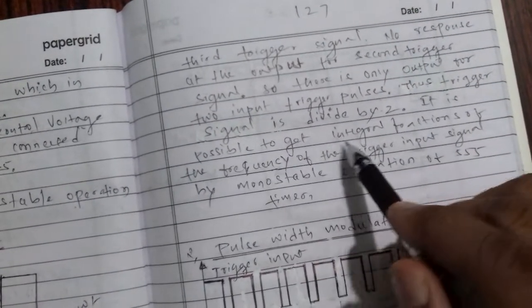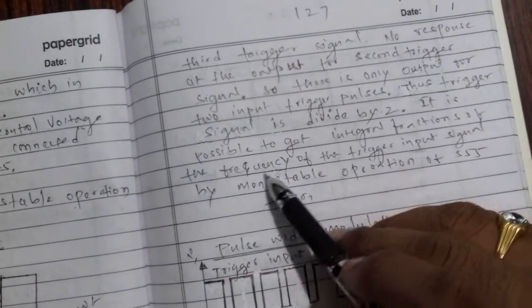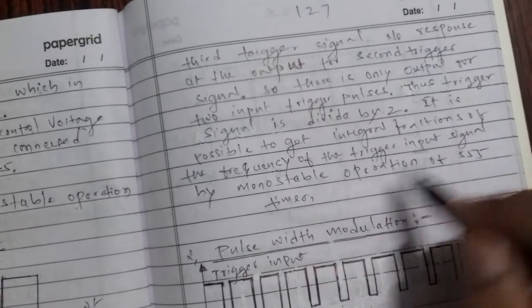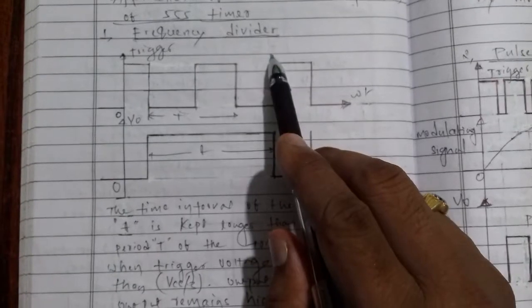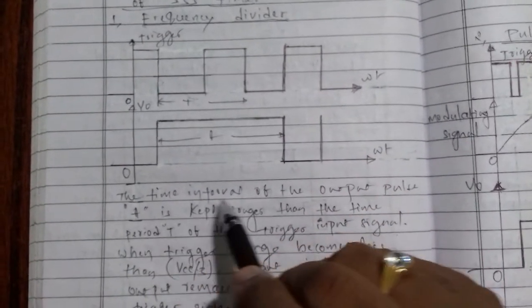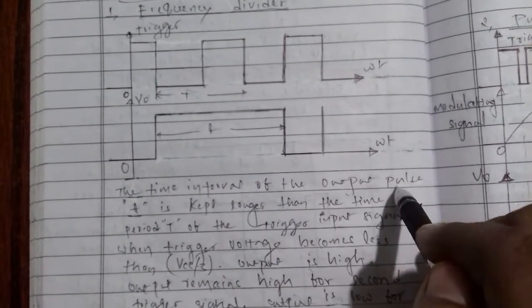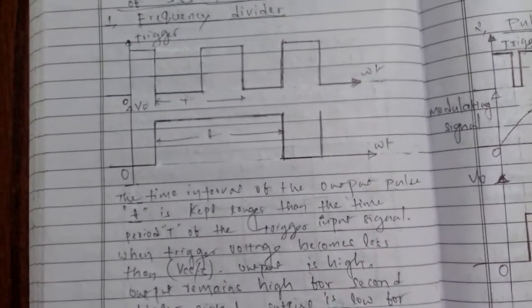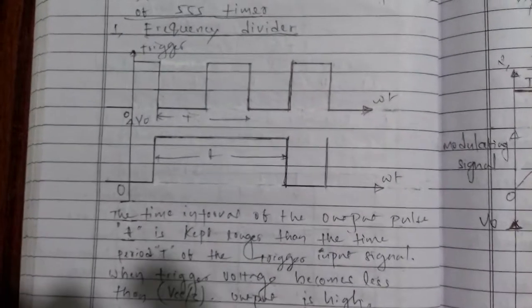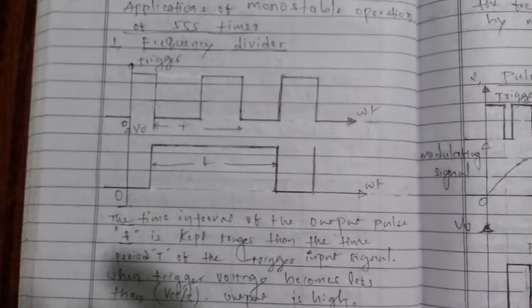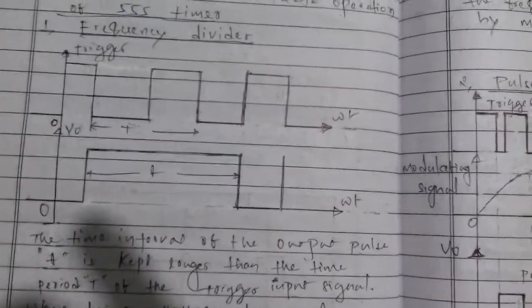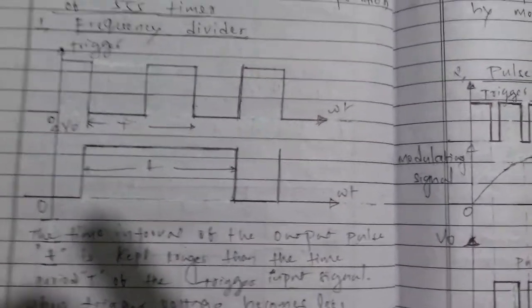It is possible to get integral fractions of the frequency of the trigger input signal by monostable operation of the 555. That is the frequency divider.